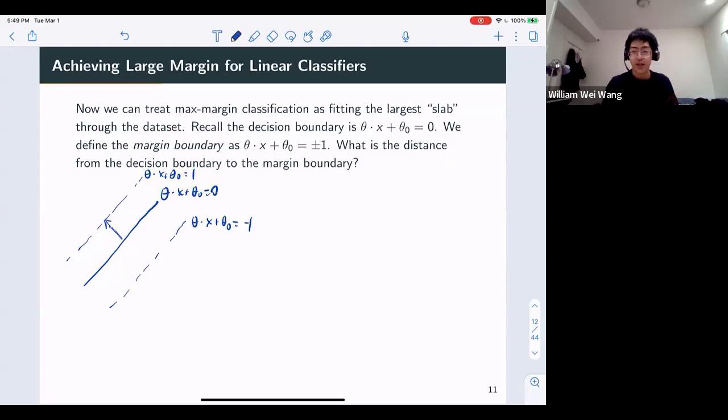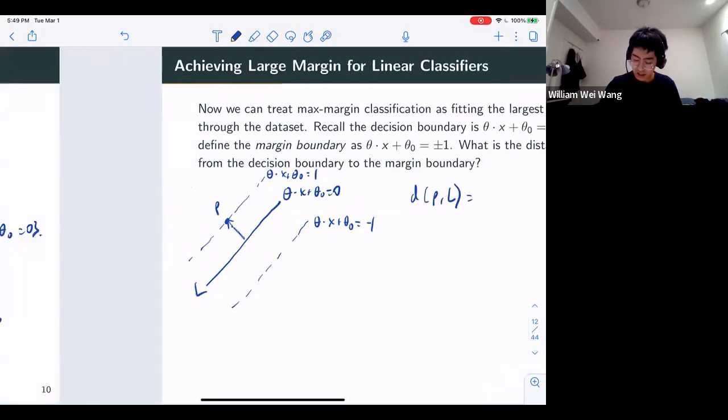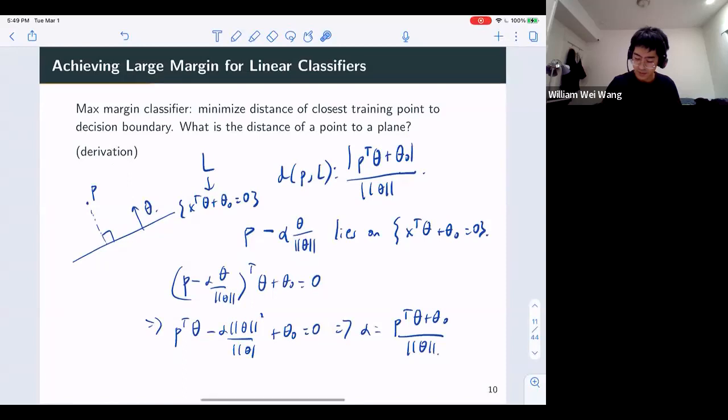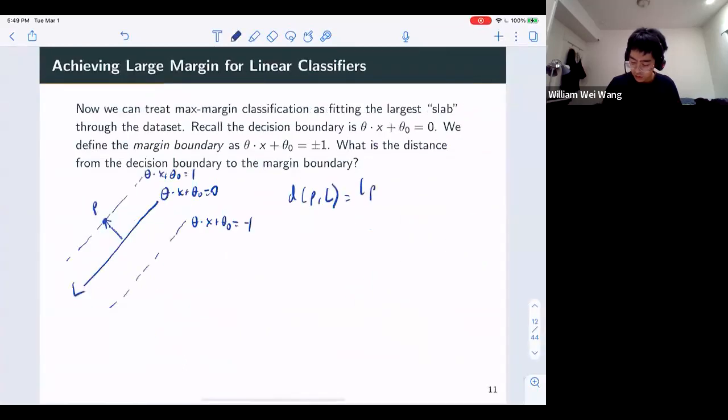So in order to compute how far they are, let's say, okay, let's take a point P on this margin boundary, right? Then the distance from P to this decision boundary, let's call it L. From before we saw that it's this formula, right? The absolute value of P transpose theta plus theta naught divided by norm theta.